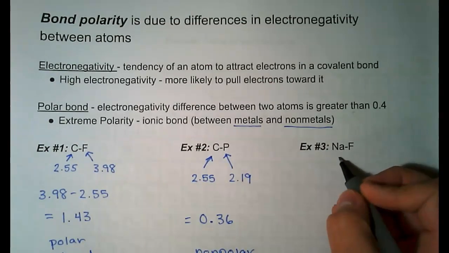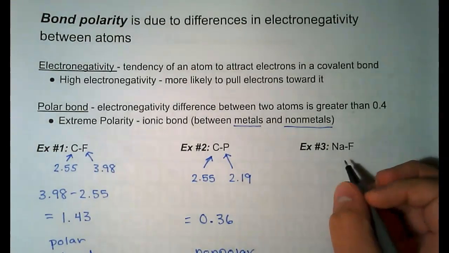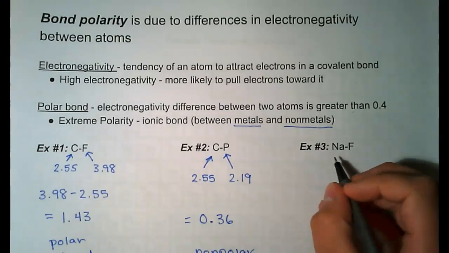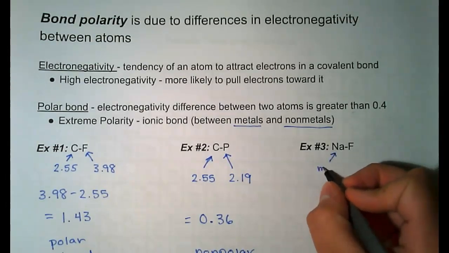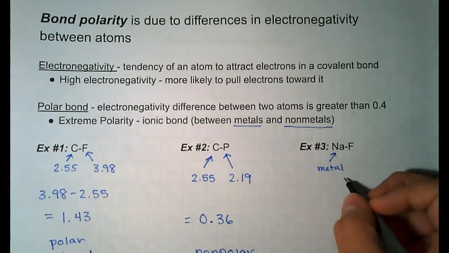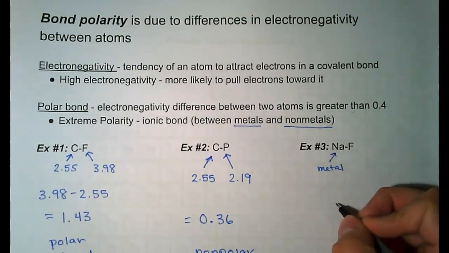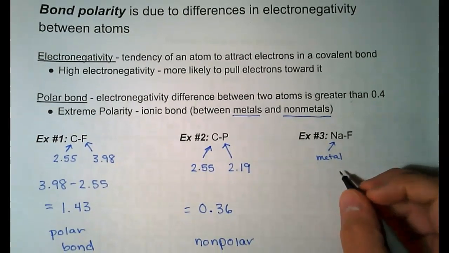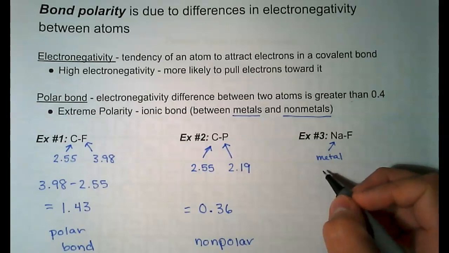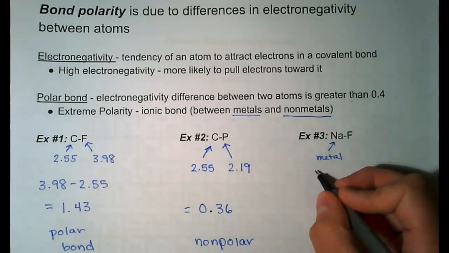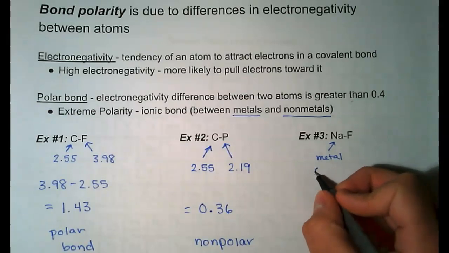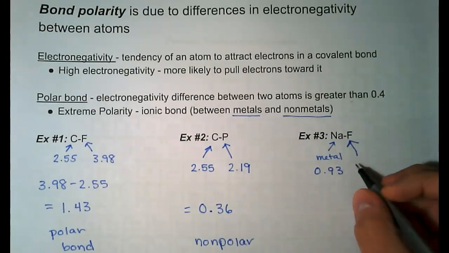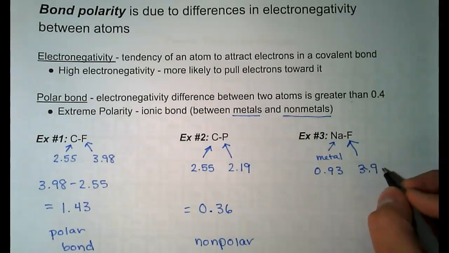And then finally, we have sodium and fluorine bonded together. So immediately, your senses ought to be tingling, but sodium is a metal. So we know that this bond is going to be ionic, so it's going to be extremely polar. It's going to be extremely polar, but we can check that by looking at the electronegativity of sodium, which is 0.93, versus fluorine, which we already said is 3.98.